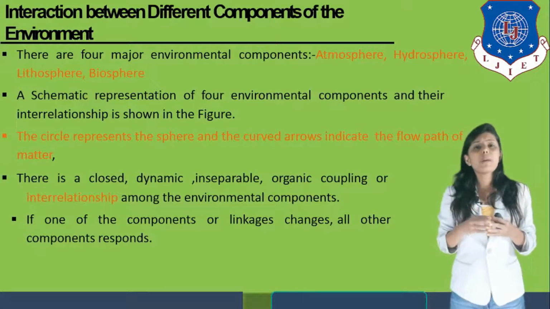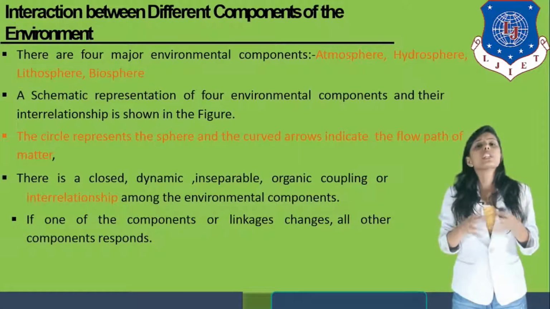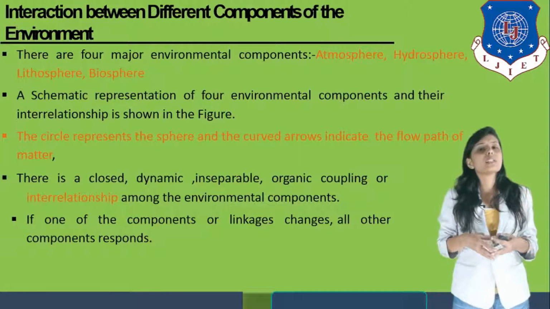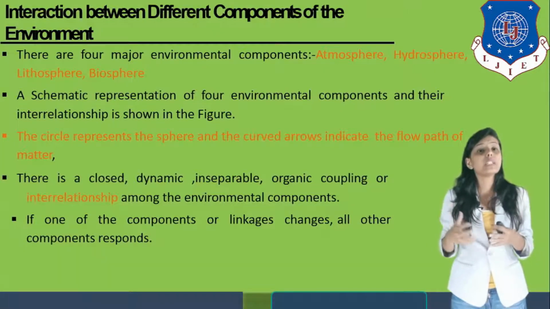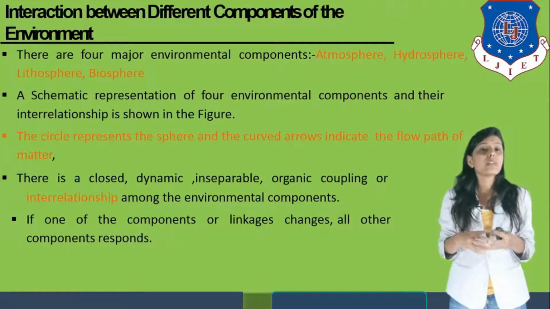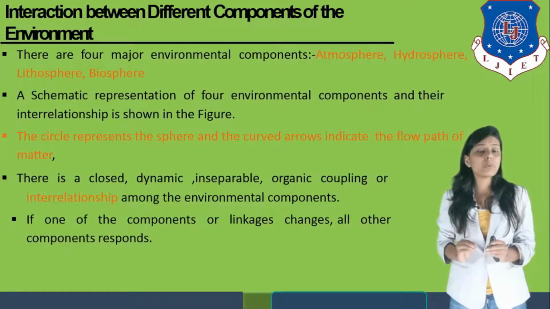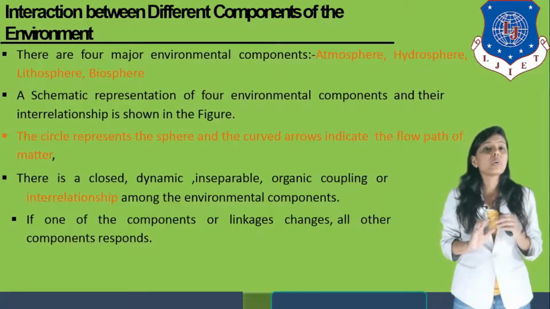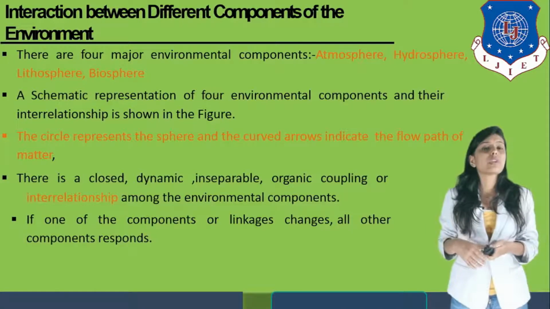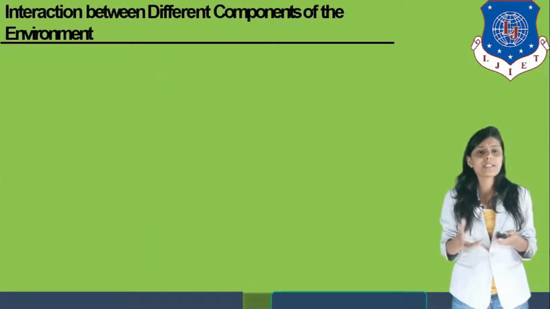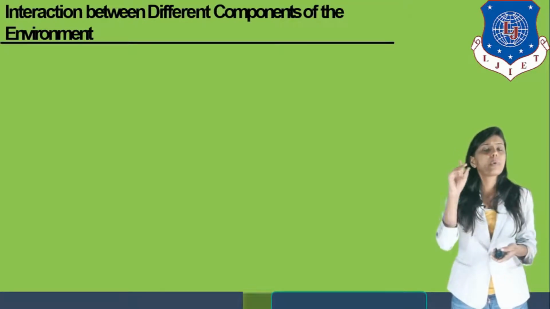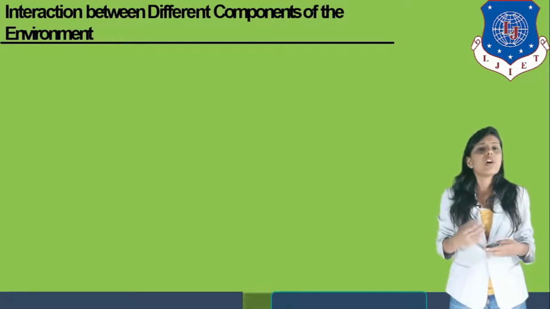If one of the components or linkages changes, all other components respond. So how the energy is related to each other, and if there is a change in one component, how the other component will change, that is also given here, as I told you by the example. If the temperature increases, the component in the atmosphere will also change and more clouds will be formed.